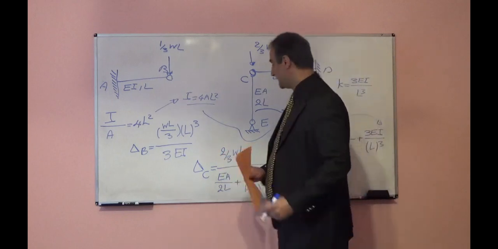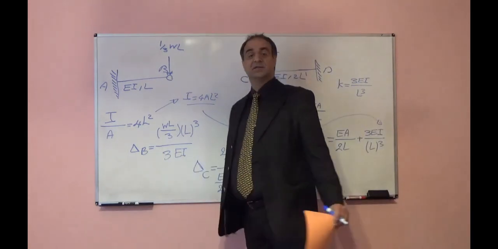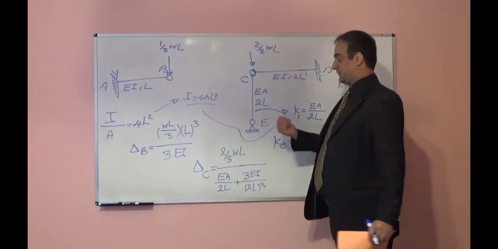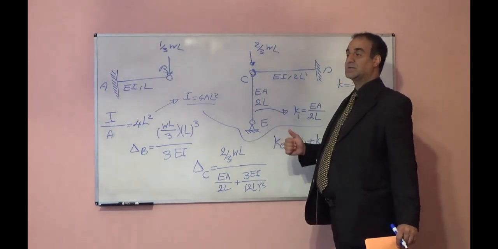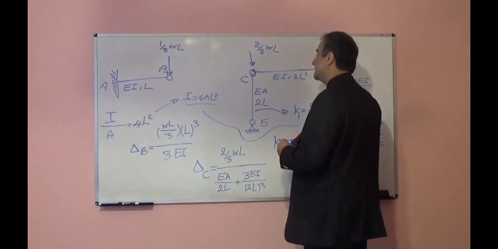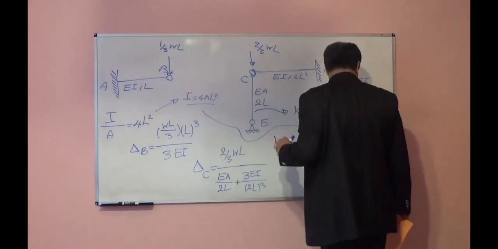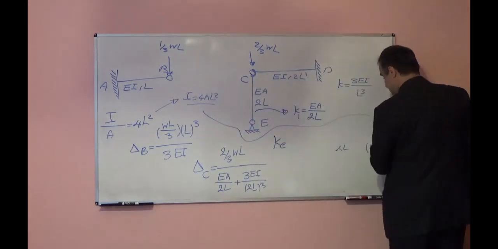So you will find delta B, delta C. After finding delta B, delta B plus delta C divided by 2 will be the deformation at midspan for member BC.